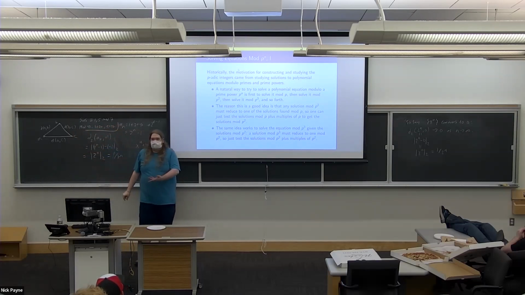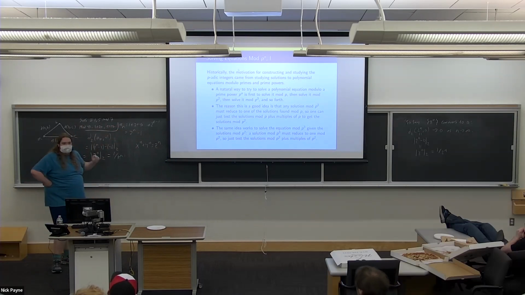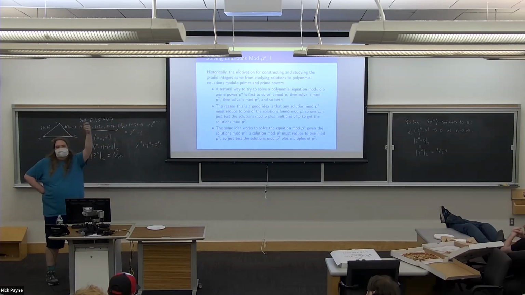That's the only possibilities that would reduce to those things mod 7. And then you just plug that into your equation and solve it. It's a much smaller calculation, because you only have 7 choices for A and 7 choices for B now. All right, and then you keep doing this. You keep lifting.